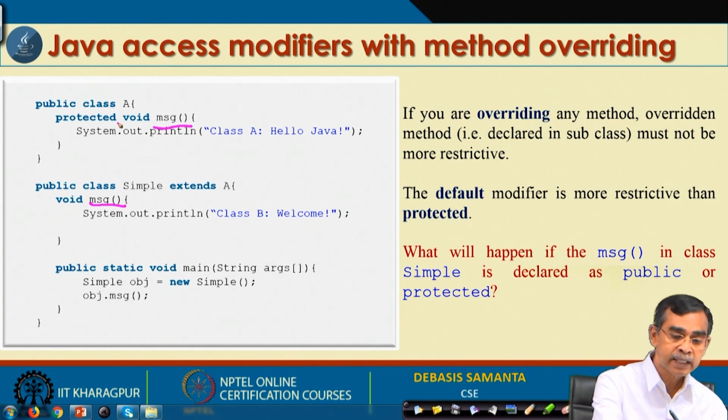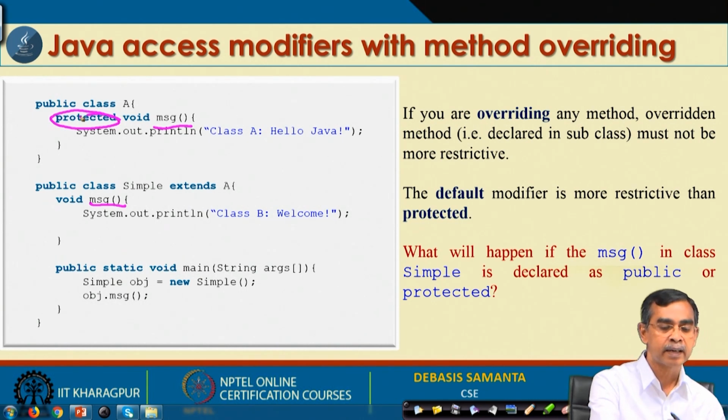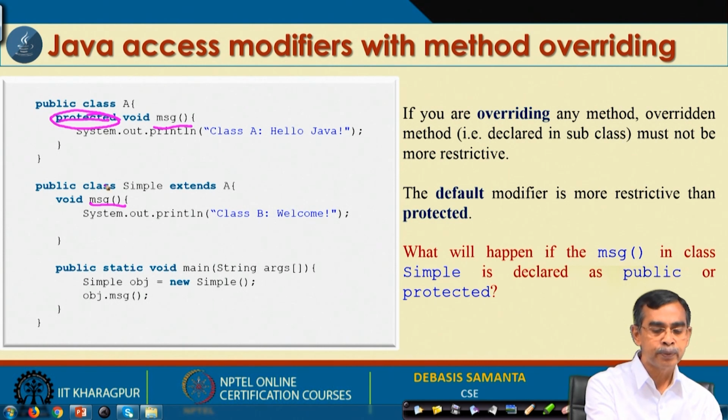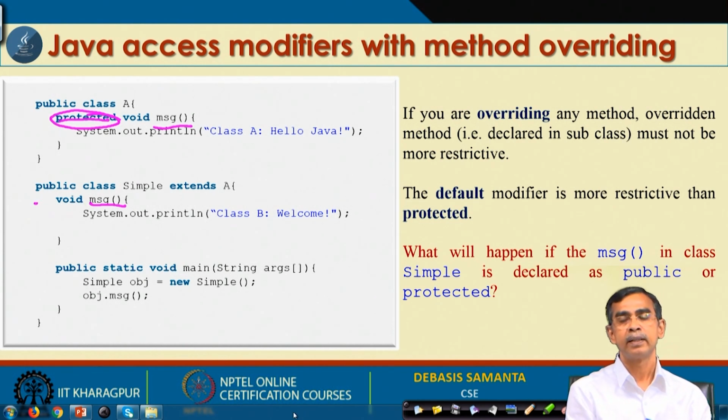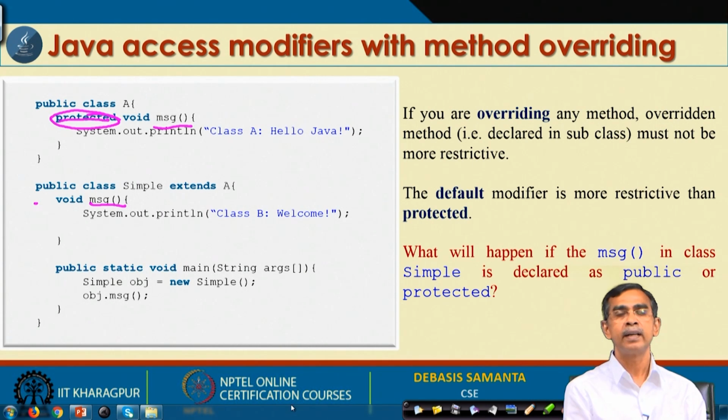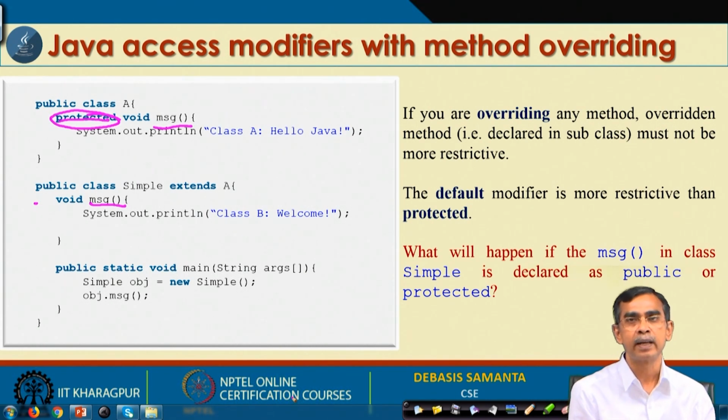But suppose no access specification is there, so it is default, and then you declare it protected in the subclass. The problem is that if it is a default method and you want to override it as a protected one, then it will not allow you to do that. This is stricter, so you cannot do that.